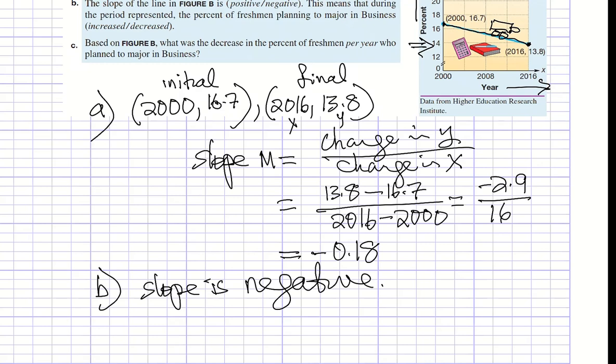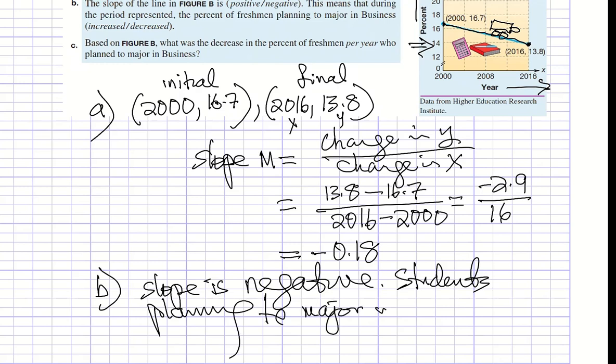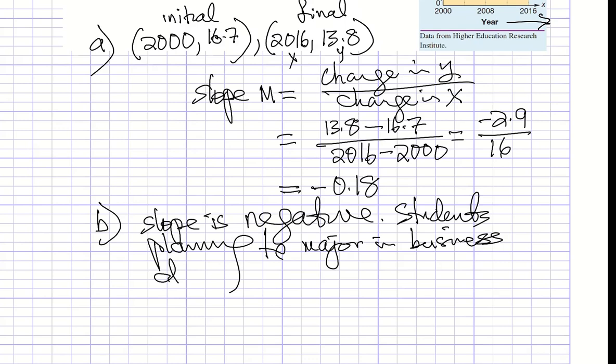So that means that the students planning to major in business decreased. Students planning to major in business actually decreased. That's all that is saying.